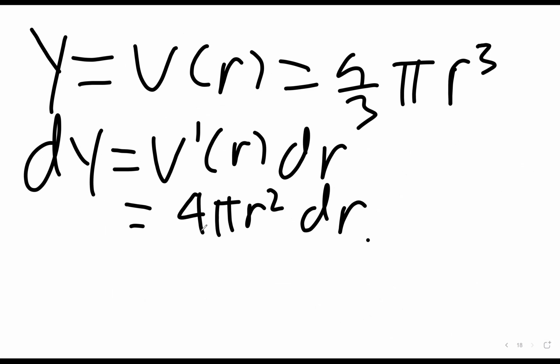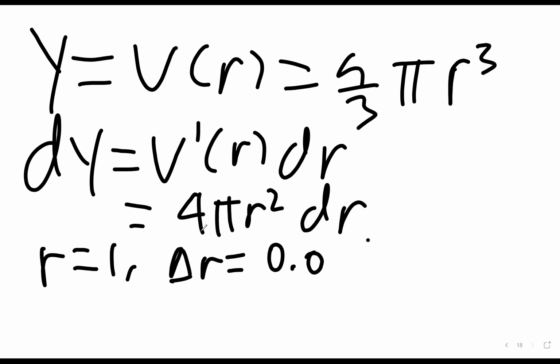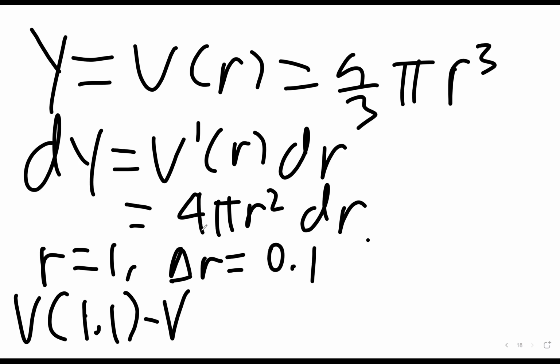For example, let's say r equals 1 and delta r equals 0.1, to simplify it. If you want to approximate the difference between f evaluated at 1.1 minus f evaluated at 1, that will be delta V, the delta volume.